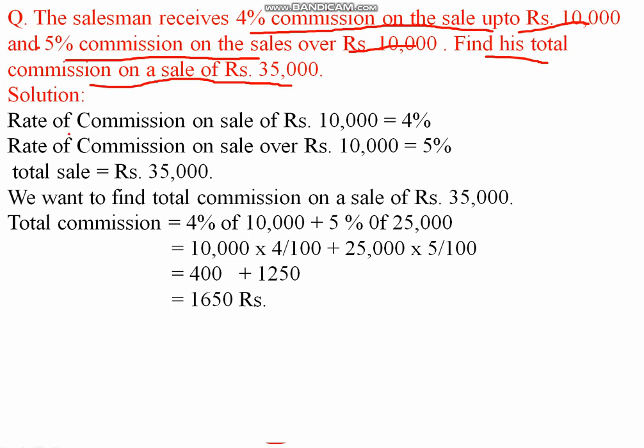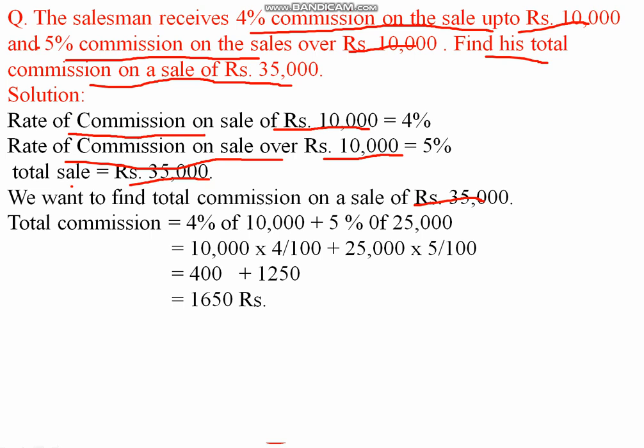So write down the given things. Rate of commission on the sale of 10,000 is 4% and rate of commission on sale over 10,000 is 5%. Total sale is 35,000. So we want to find the total commission on a sale of 35,000 rupees.